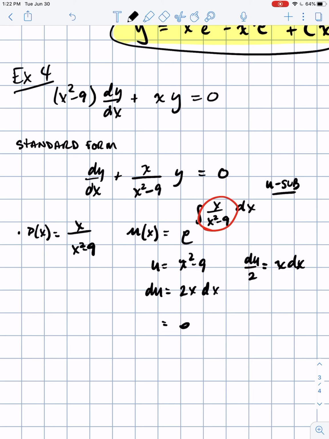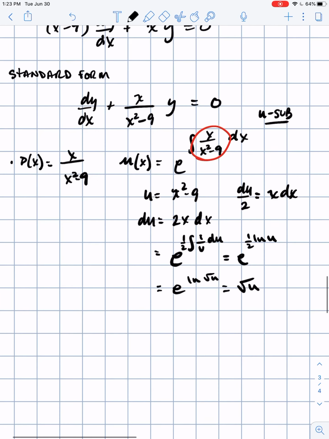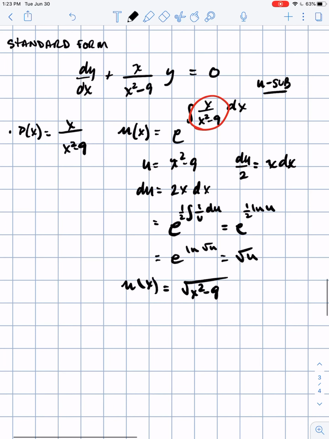So I'll have e, kick out the 1/2, and then we have 1 over u du, which we know is going to be e to the 1/2 ln u, right? And again, you could write it as e to the ln square root of u, which is just going to be square root of u. So my mu of x is going to equal the square root, plug back what you made u, and then you have that factor there, okay?